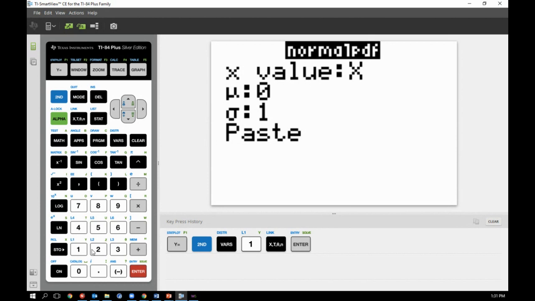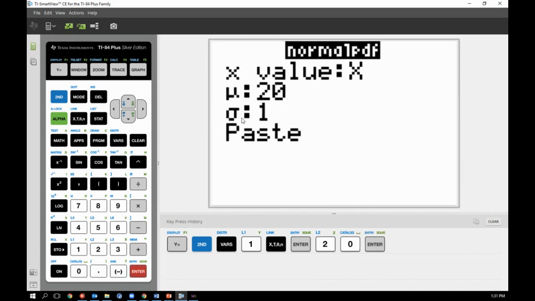So here, what did they say our mean was on this example? 20. Okay, so we're going to put 20 there. And enter. What does sigma stand for? Standard deviation.